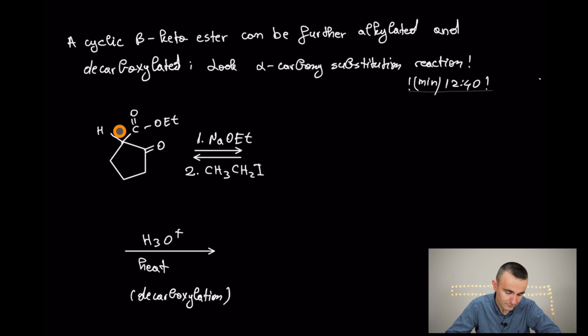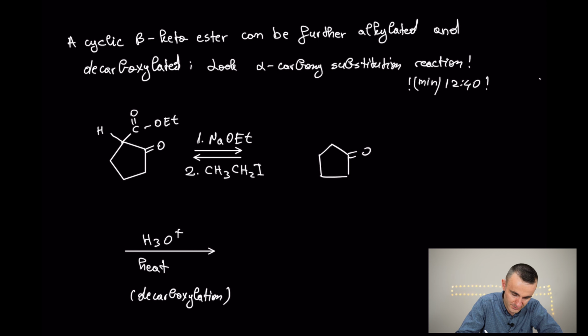Okay. Now, if you do here an alpha carbonyl substitution, what are you going to have? The substitution is going to happen at this position here, at alpha. So what you're going to have? So here you're going to have, right?